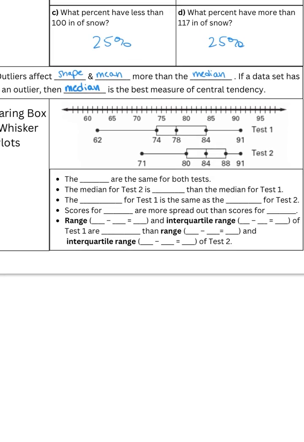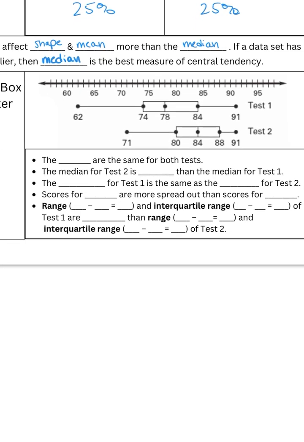So comparing box and whisker plots, let's take a look at this. What's the same for both sets? It looks like the max is the same for both sets. The median for test 2 is greater than, equal to, or less than the median for test 1? So here's test 2, the median, and then test 1 is up here.